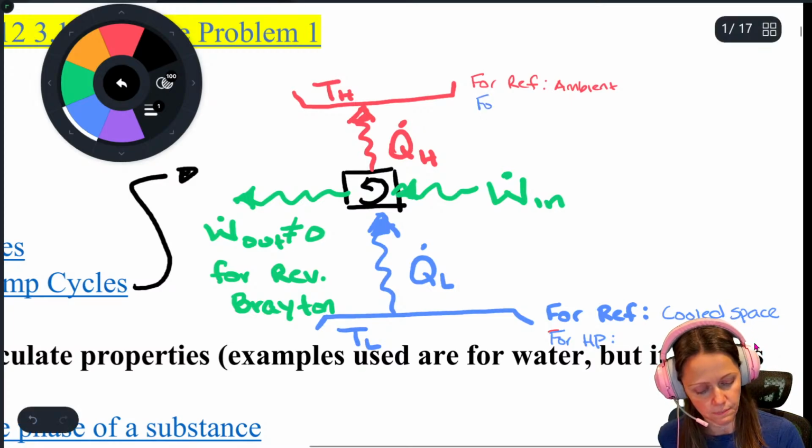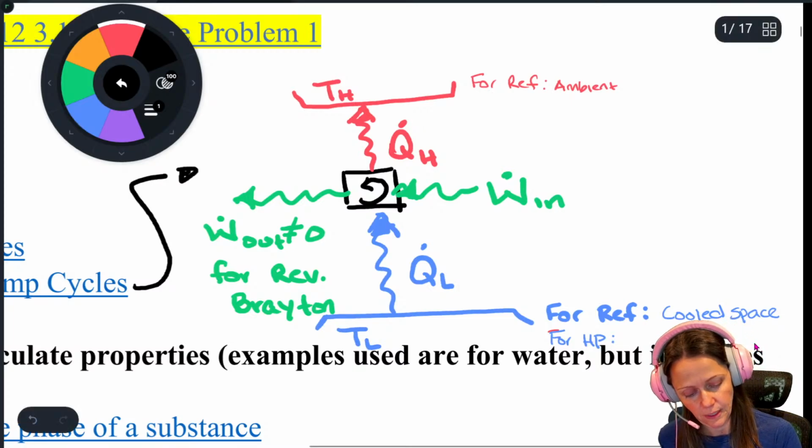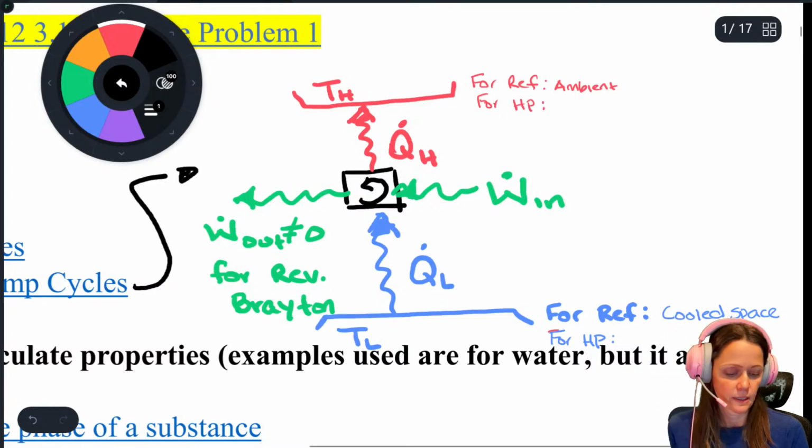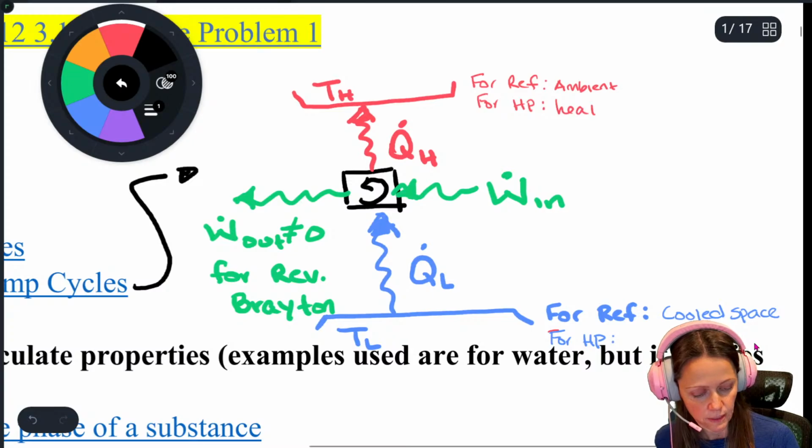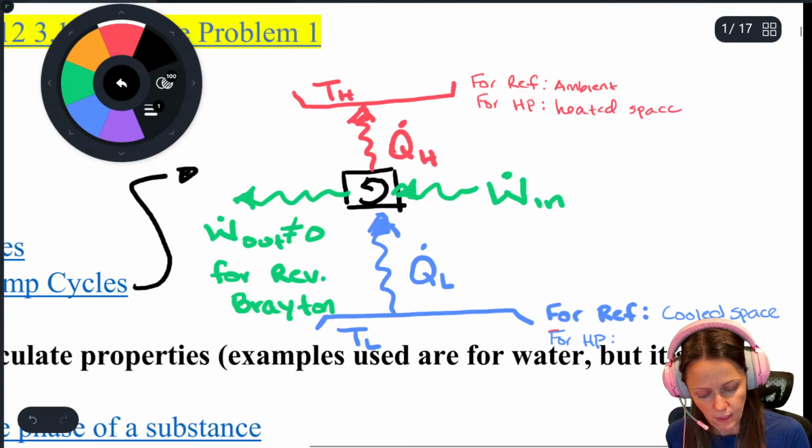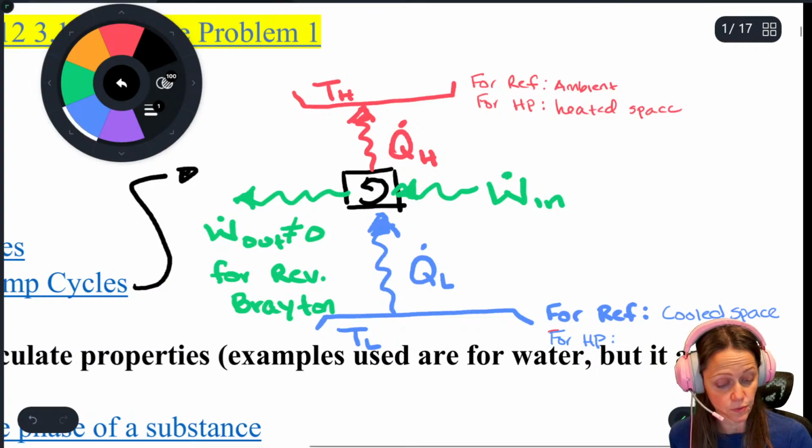So if it's a heat pump, this is our space. And that low temperature reservoir, maybe that's the cold outdoors.